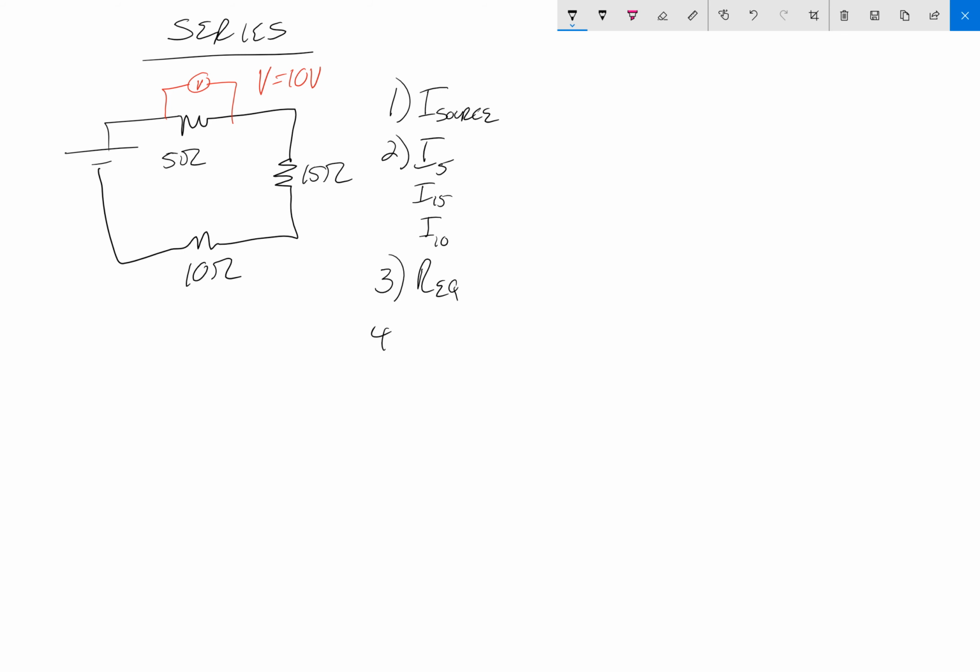We want to know the voltage on each resistor, so V5, V15, sorry, V10. We want to know which one was the most powerful. And we want to know, what is that power?